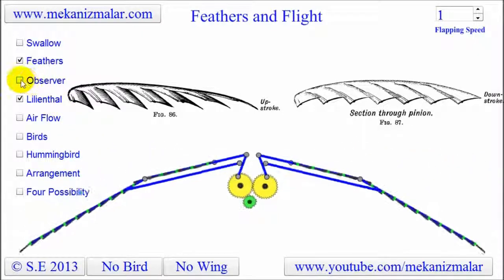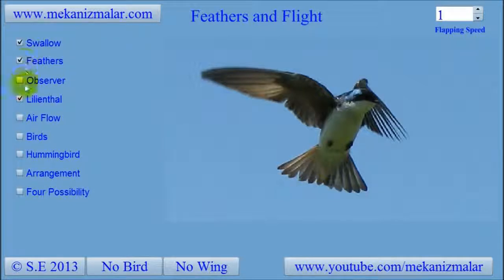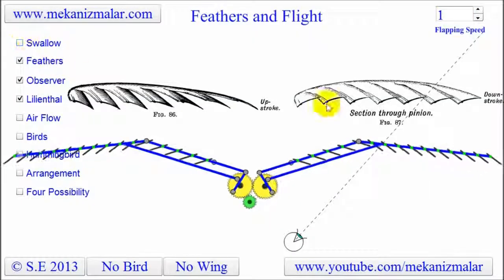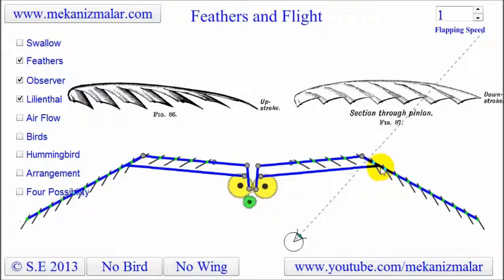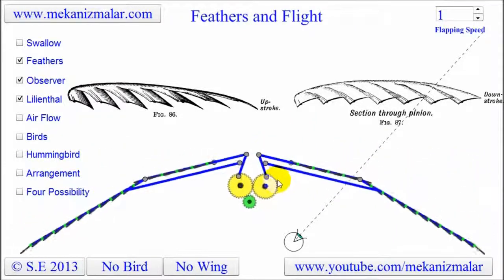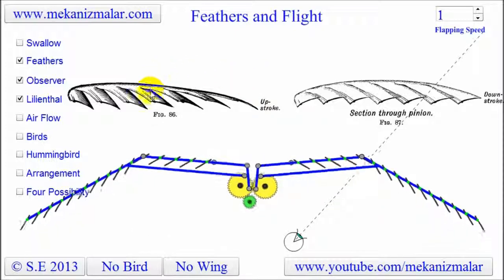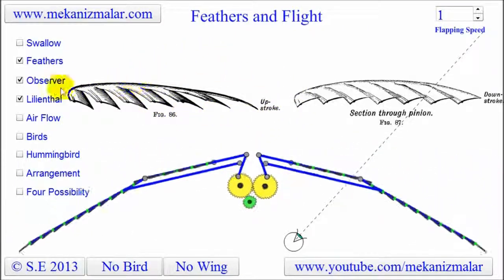But there's a slight problem here. If you really look at the photo of the swallow, you can clearly see the gaps between the flight feathers. However, when viewing the bluebird shown in this mechanism, you cannot see between the feathers. Either I misinterpreted Lilienthal's drawing, or he overlooked some subtle errors in the artist's rendering of the condor wing arrangement.